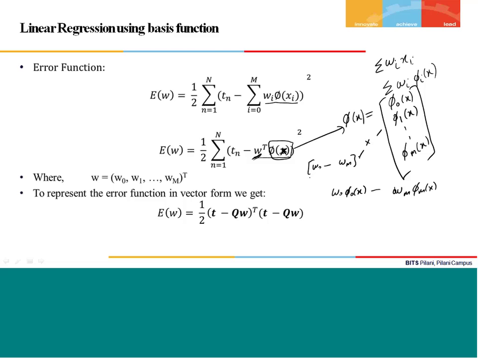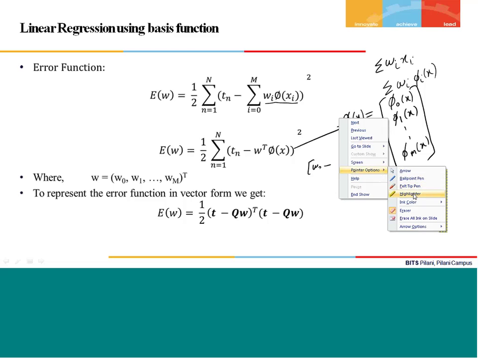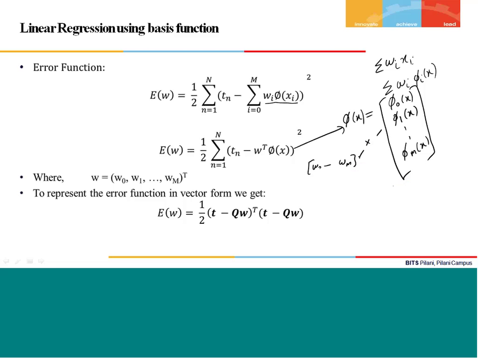So this is the same, right? You should understand it quite easily. When I write this same thing in matrix form, this is what I get. I don't need to explain it again because I have already explained it in the previous slide.